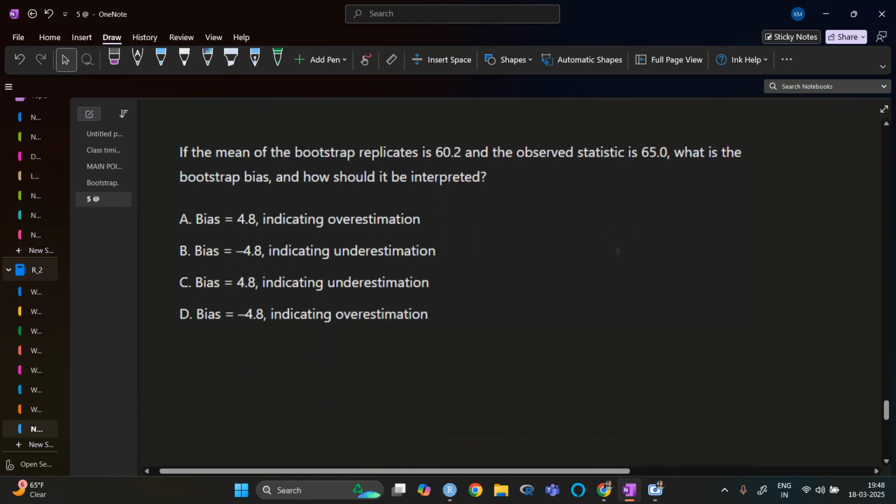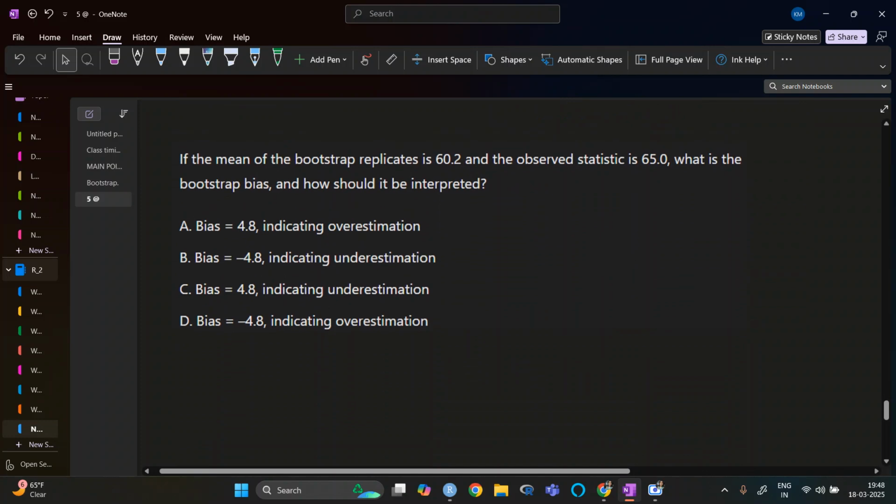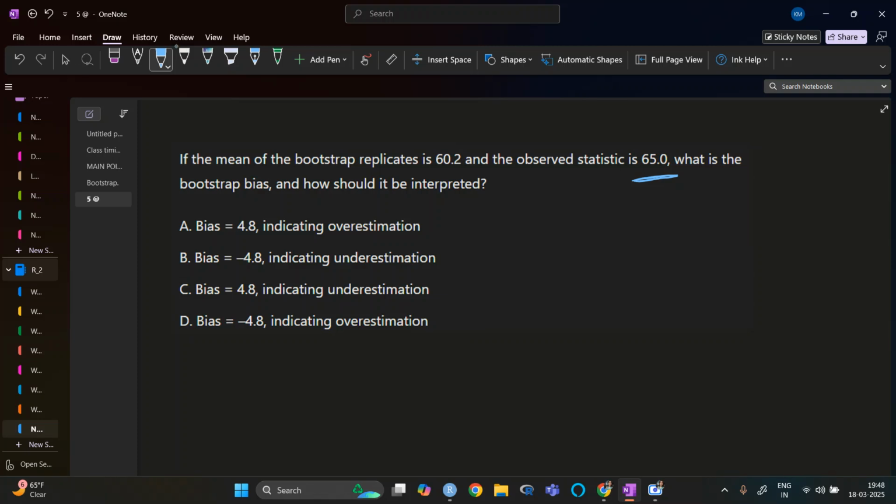The next is: if the mean of the bootstrap replicates is 60.2 and the observed statistic is 65, what is the bootstrap bias? So the bootstrap replicate mean is 60.2, the statistic is 65. 60.2 minus 65, that is minus 4.8.